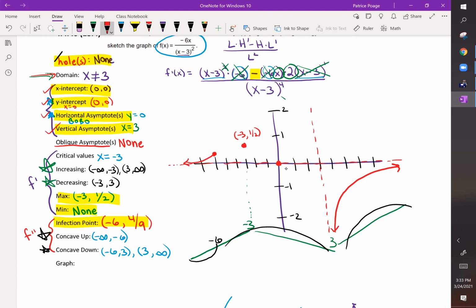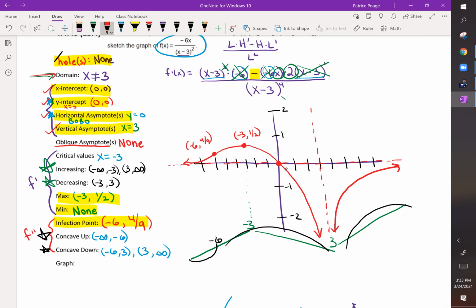And then you can even label the point if you're a bad drawer and think I won't notice. Now I'm going to increase up to this maximum and try to change to concave down right there. I'm going to decrease, but stay concave down and go through this point. And then I'm going to keep decreasing, concave down, and stop before I go through the asymptote.